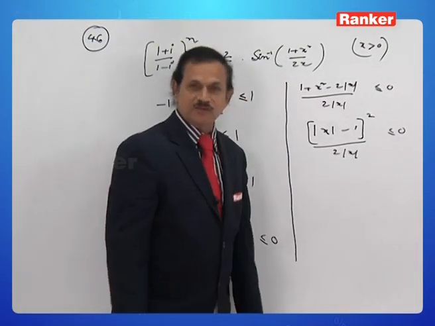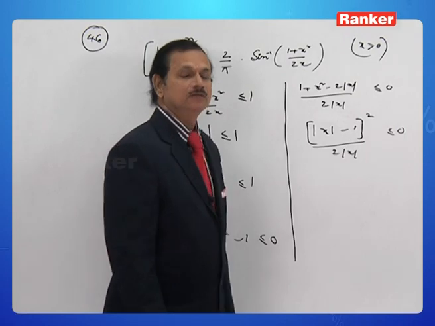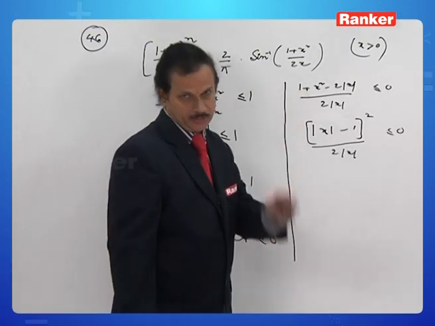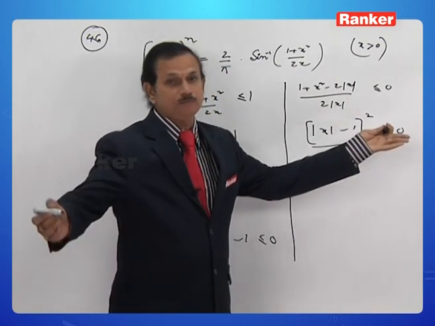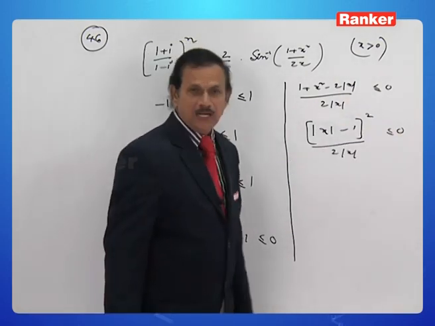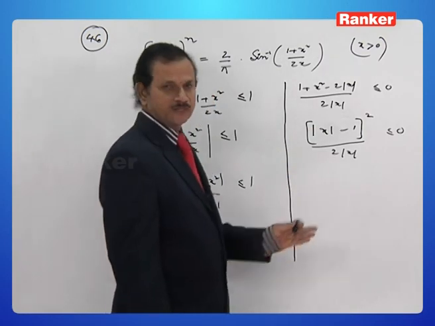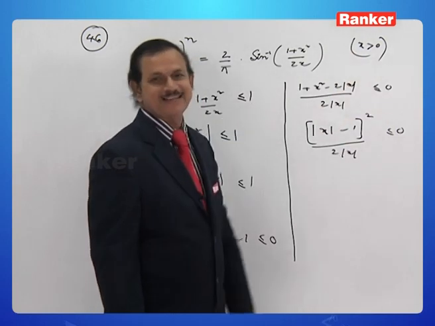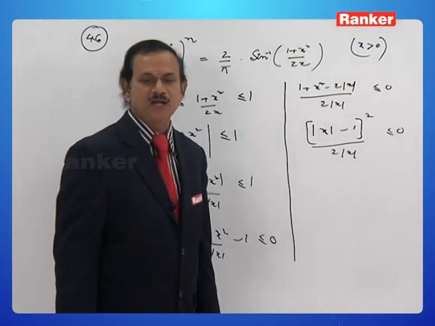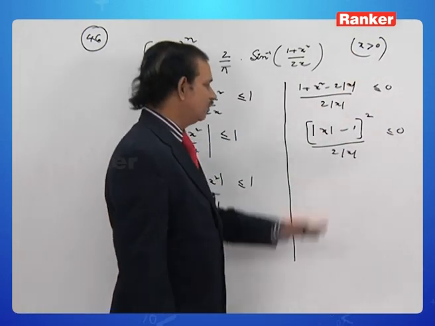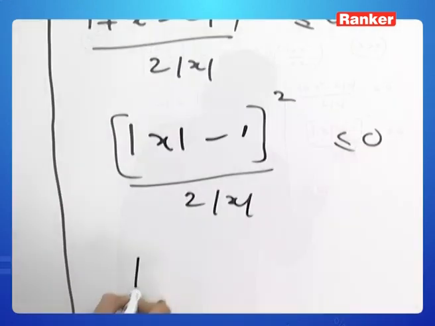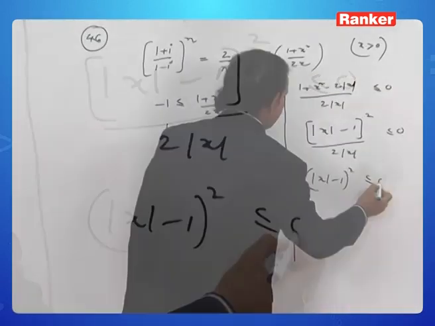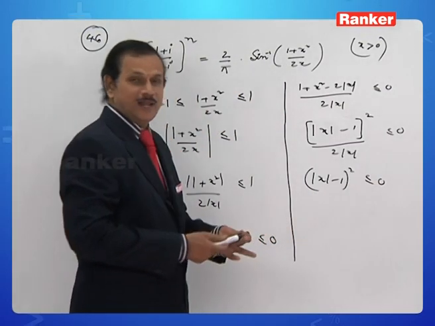Mod x minus 1 whole square, you expand it: mod x square, that is x square, plus 1, minus 2 mod x, present. Well, in this fraction, the denominator is absolutely positive. Why? Because x is greater than 0, he has given. Mod x is surely greater than 0. Therefore, what happens? (Mod x minus 1) whole square less than or equal to 0. Well, look at that.